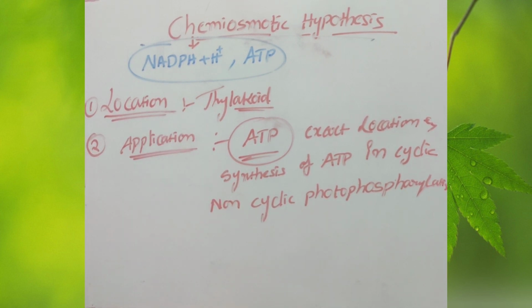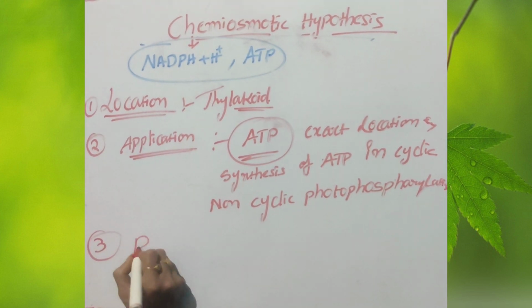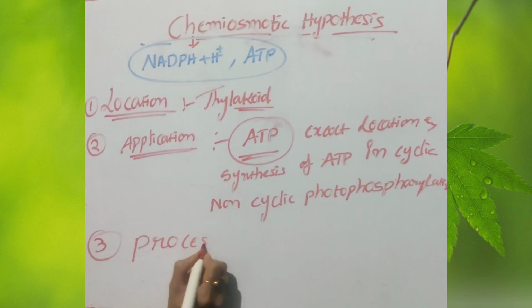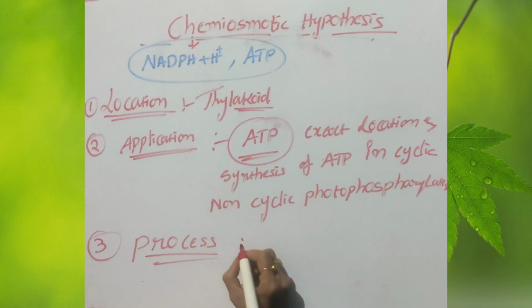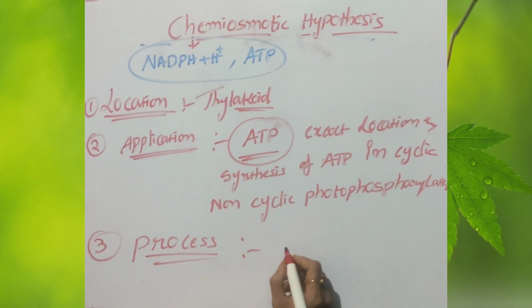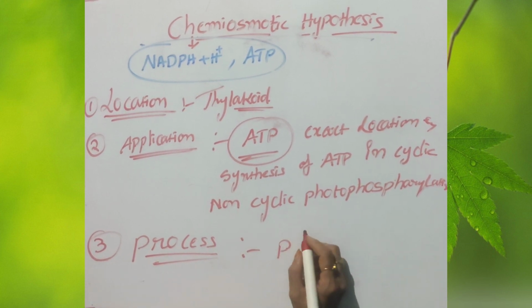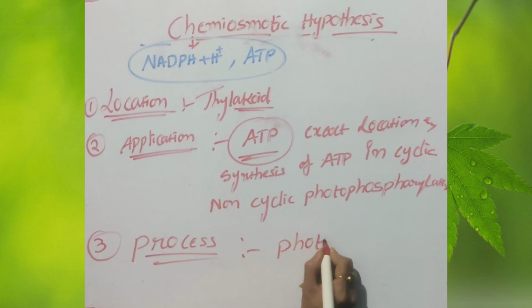The third one is, what is the main process? The third one is important, coming to the process. First, start with two important complexes. What are the complexes? The photolysis complex. The process starts with the photolysis complex.